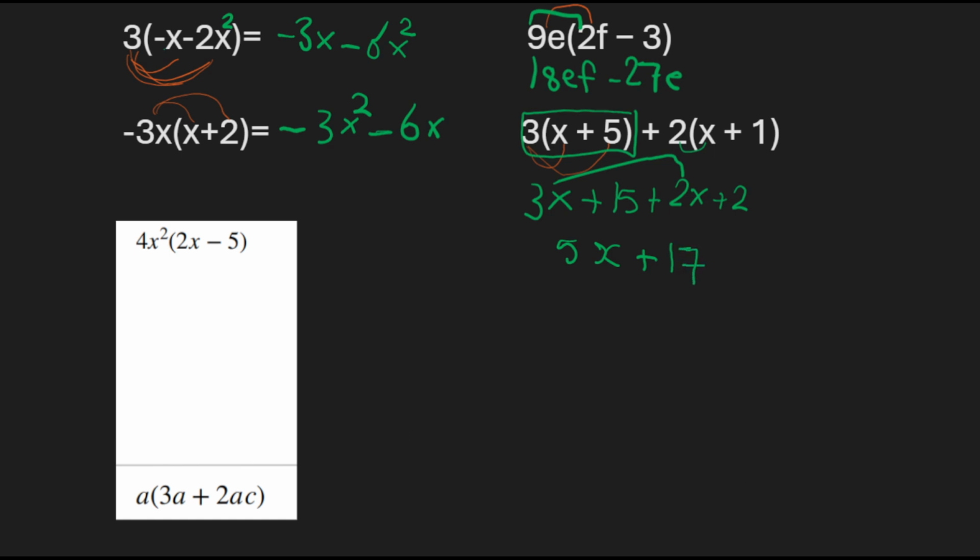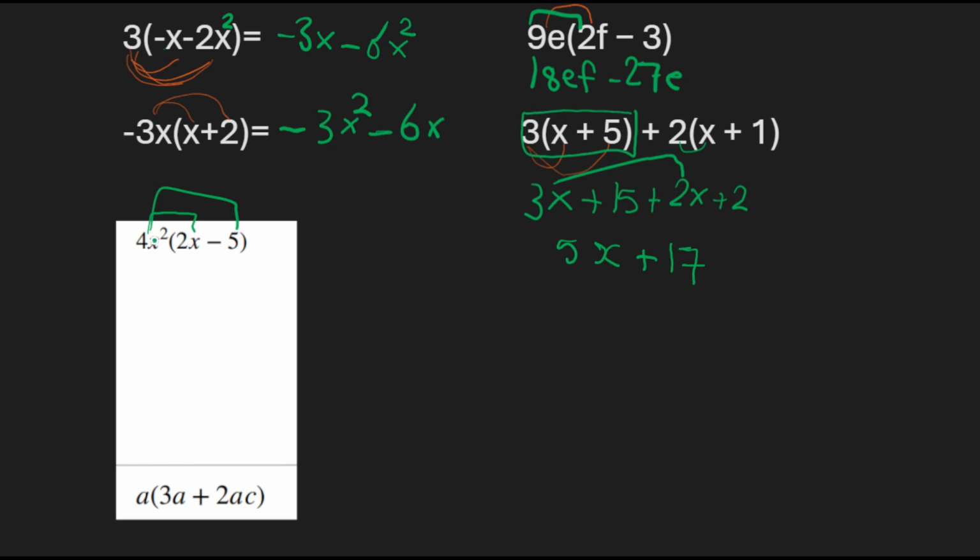Was it easy? Now I'll do one of these two questions and you do the next. Alright, these are also from Corbettmaths. Alright, now look at this. 4x squared (2x - 5). I'll first multiply here and then multiply there. And the most important thing, I don't get scared.